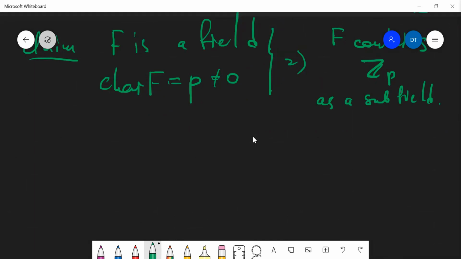First of all, we need to find a subset inside F which resembles Zp. How would we do that?